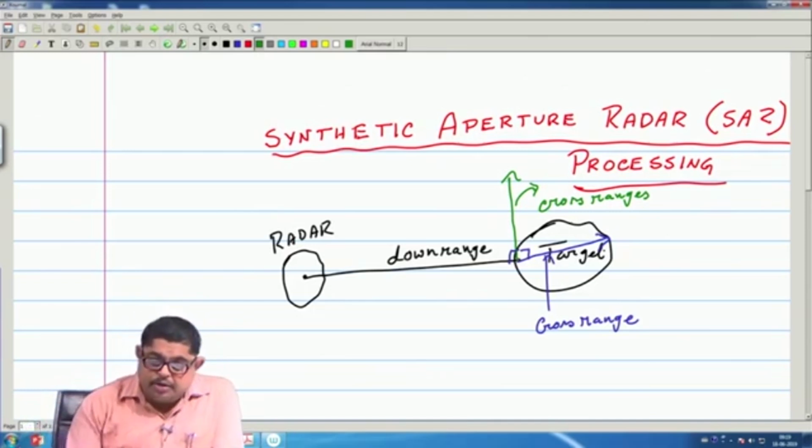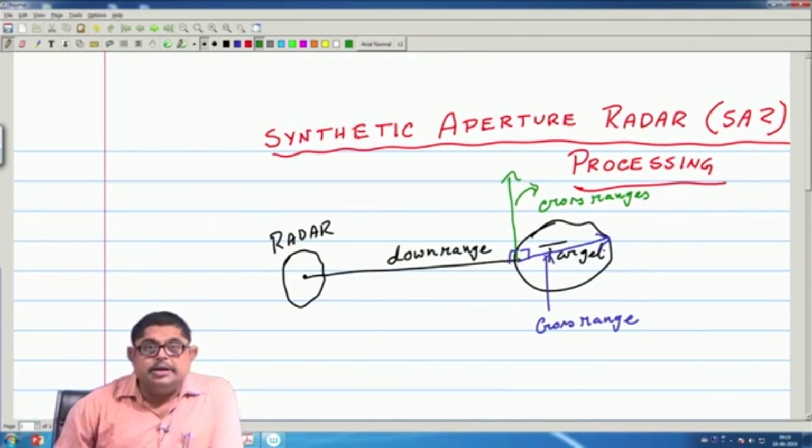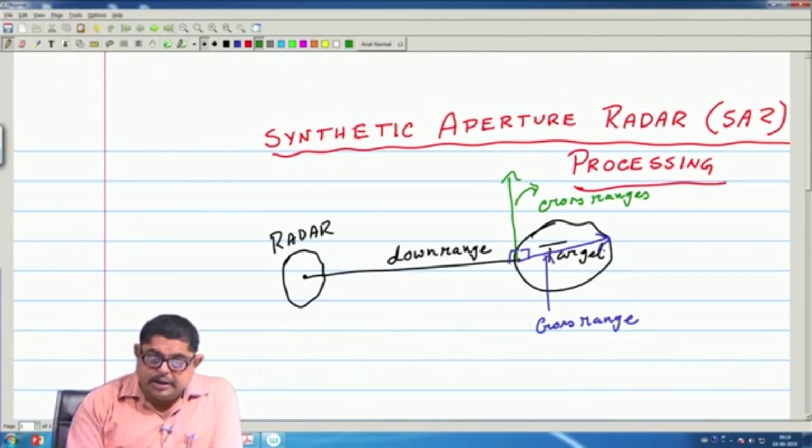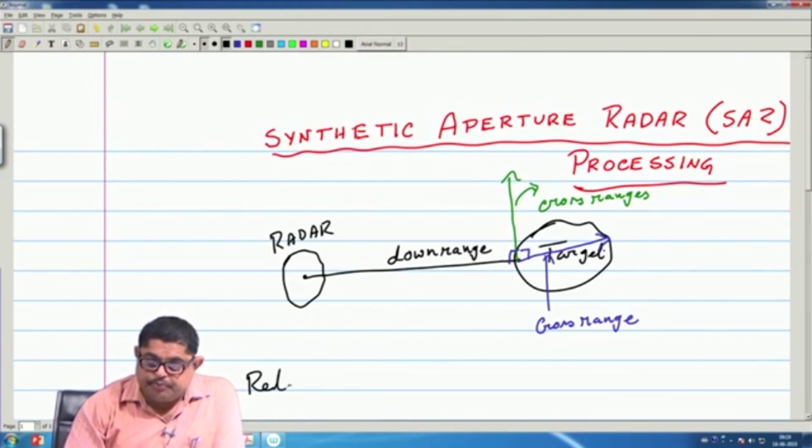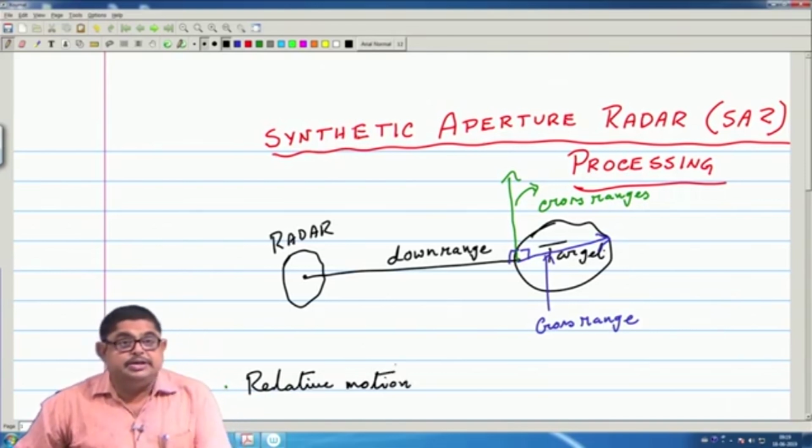Now, here I want to say that there is one requirement for any SAR processing, that there should be a relative motion. Relative motion not in the actual scenario, but in the measurement scenario.